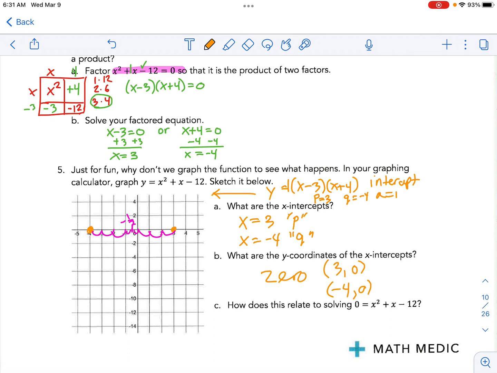And so we realize that our intercepts and our solutions are the same things. So our intercepts and solutions mean the same thing.